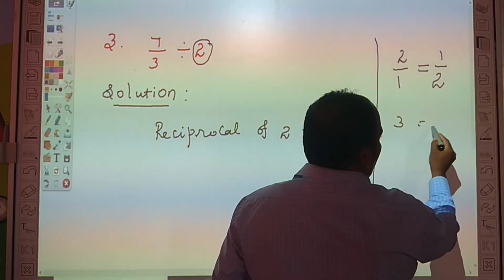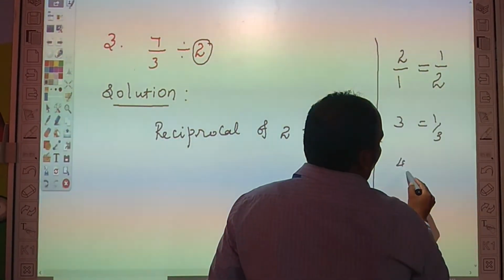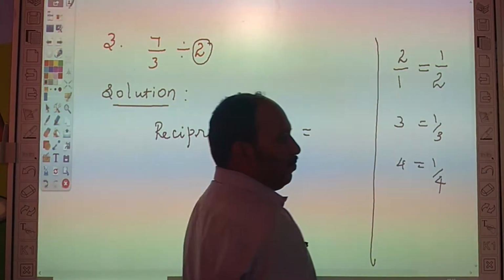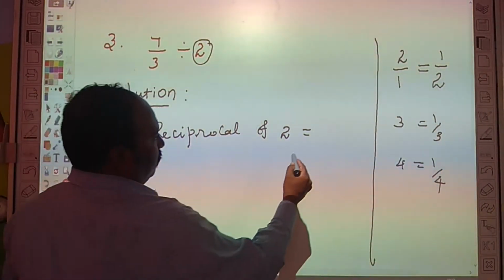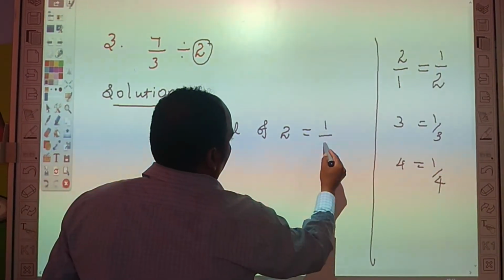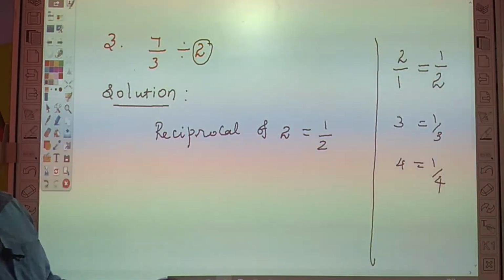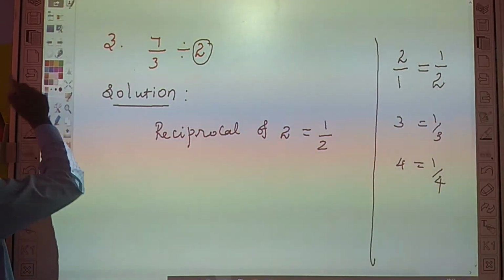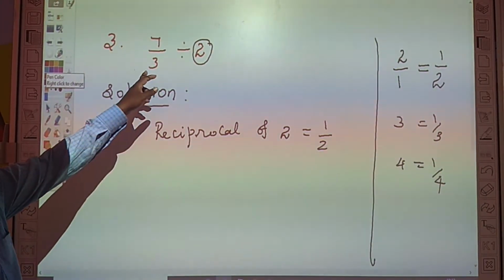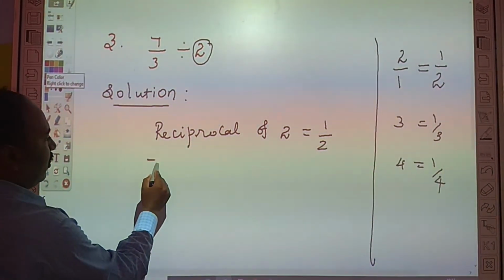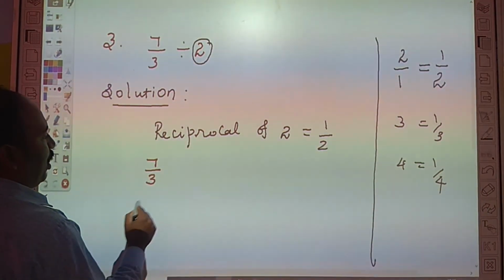Reciprocal of 3 means 1/3. Reciprocal of 4 means 1/4. So reciprocal of 2 is equal to 1/2. The next one, you want to divide.